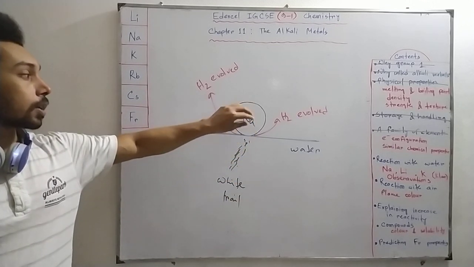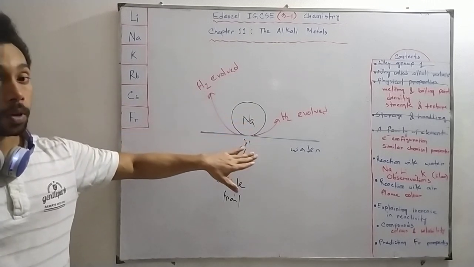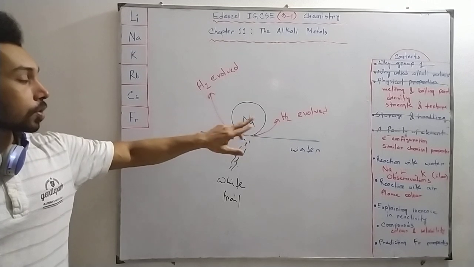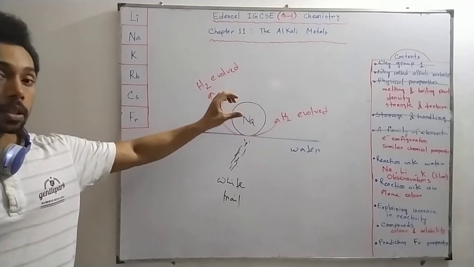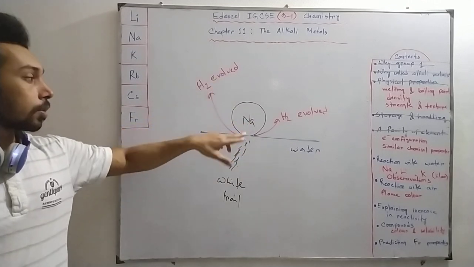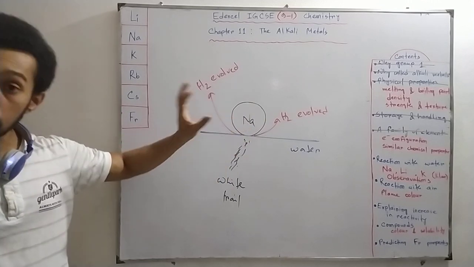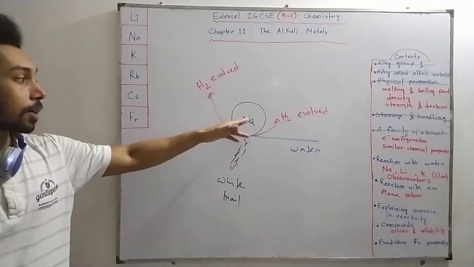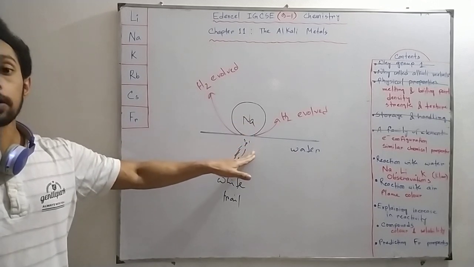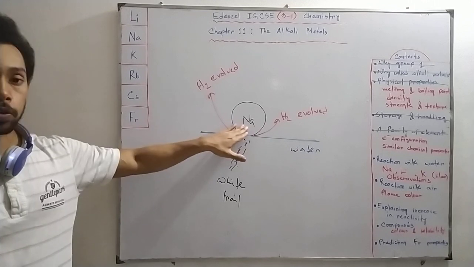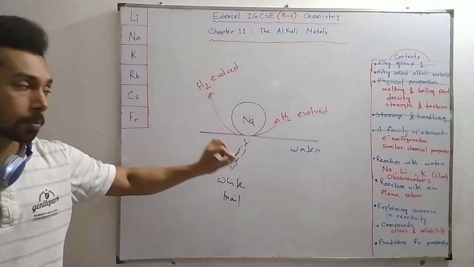That's why the sodium melts into a smaller ball. The heat produced is enough to melt the sodium.